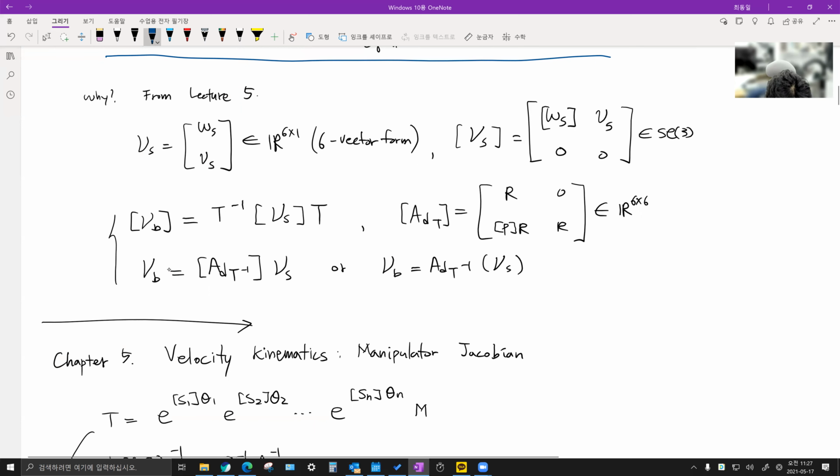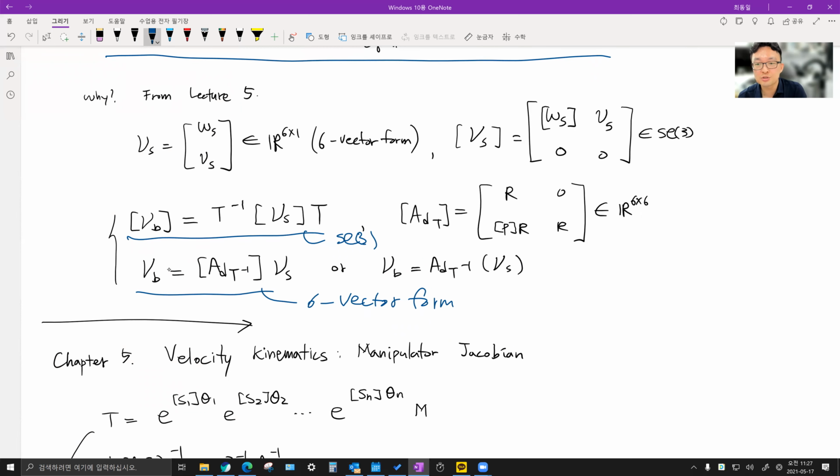This calculation is the se(3) form calculation, and this one is the 6-vector form calculation. So there are two ways of calculation using the adjoint. It is very important to keep this in mind.